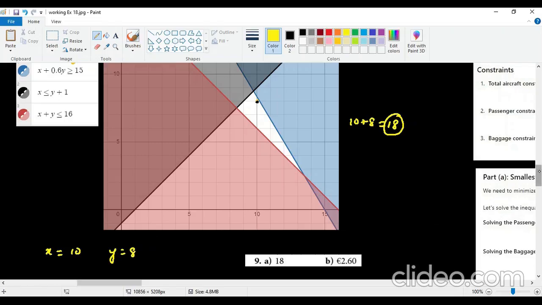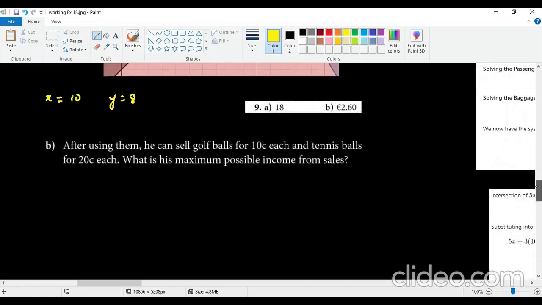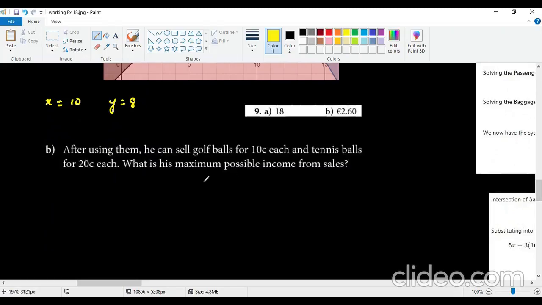Now comes the second part of the question. It says after using them he can sell golf balls for 10 cents and tennis balls for 20. Now 10 cents means 0.1, and the x value is 10, plus 0.2 times 8.